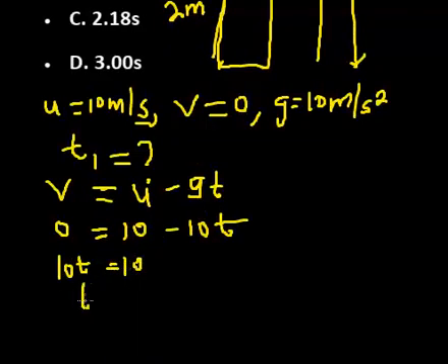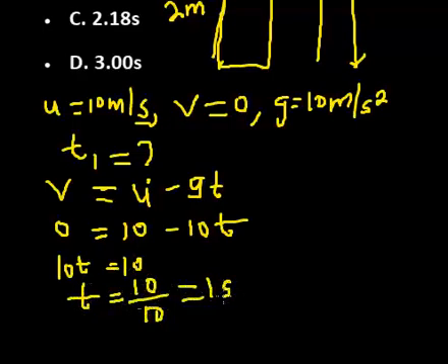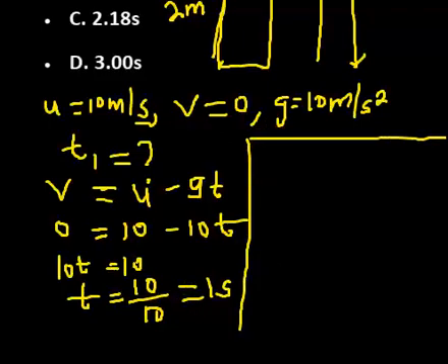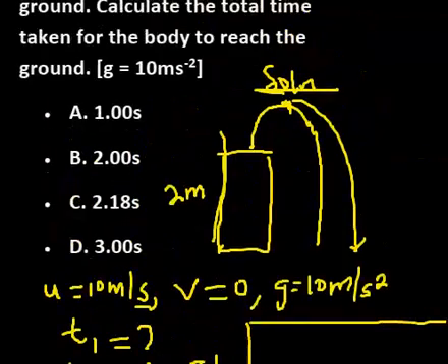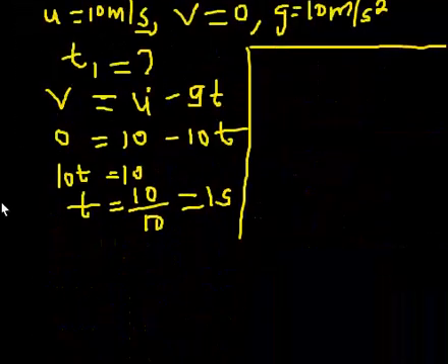So my t is going to be equal to 10 all over 10, which of course is 1 second. Having done this, we will proceed. So t is equal to 1 second.